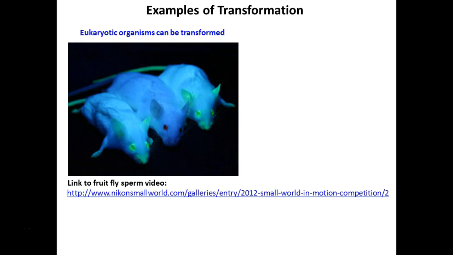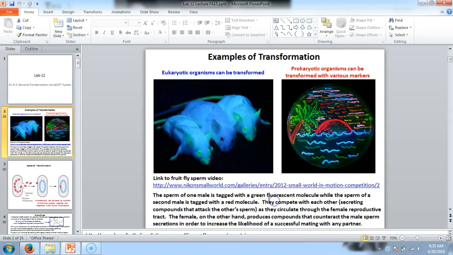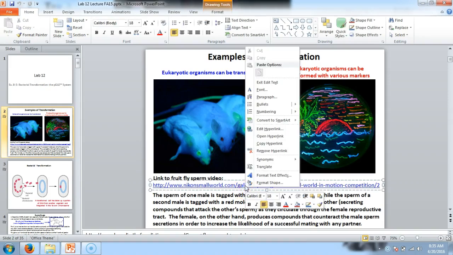So my favorite one, which kind of gives you an idea of how beneficial fluorescence could be, is this fruit fly sperm video. And whenever you say sperm, usually people pay attention. And of course, it's not going to play my video. Why isn't it?